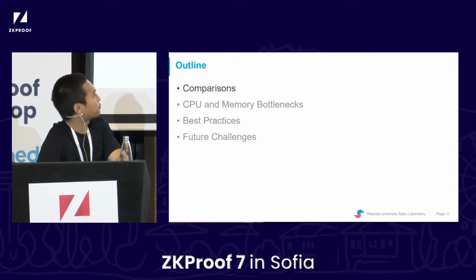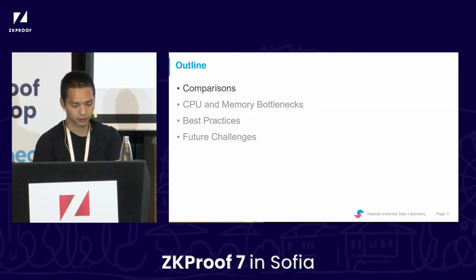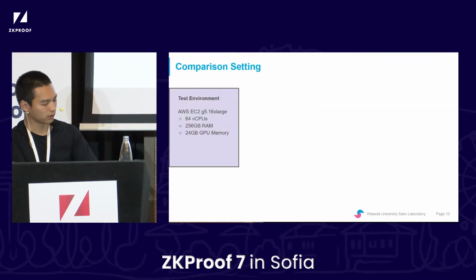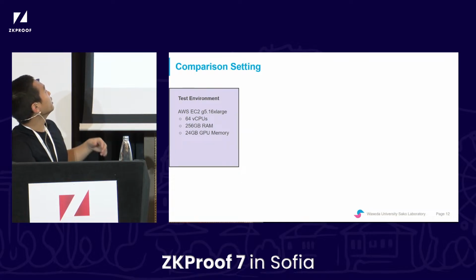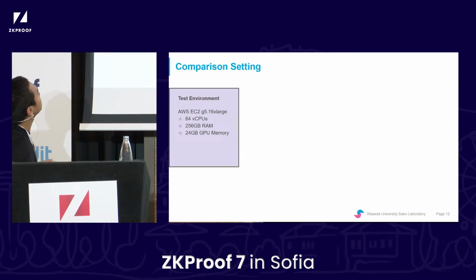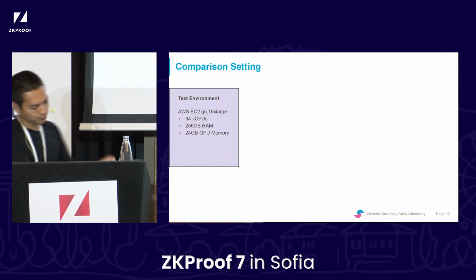The rest of my presentation proceeds as follows. For our comparison, we ran benchmarks on AWS EC2 instances equipped with 64 vCPUs, 256 GB RAM, and 24 GB GPU memory.